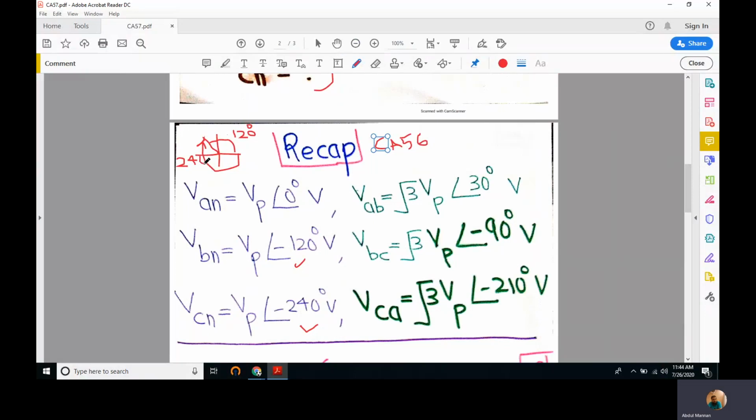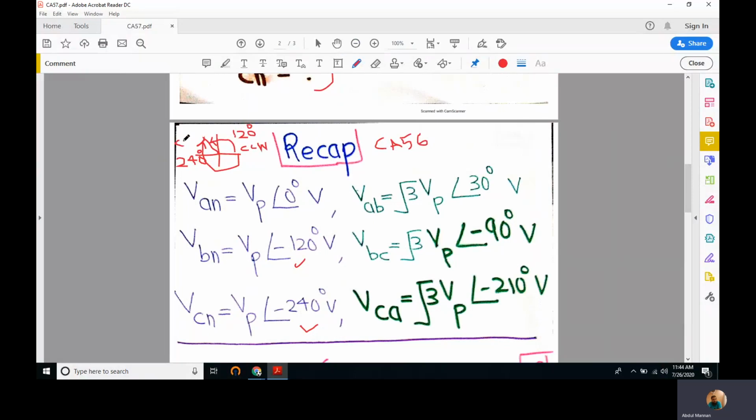So moving 240 degrees clockwise takes us to the same point where we reach by moving 120 degrees counterclockwise, right?